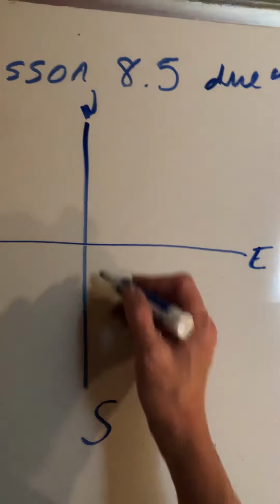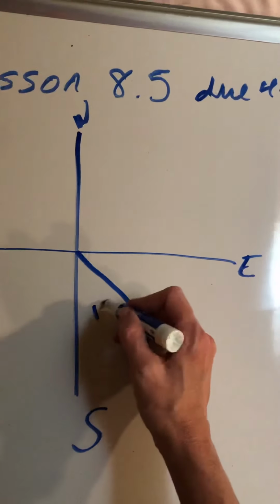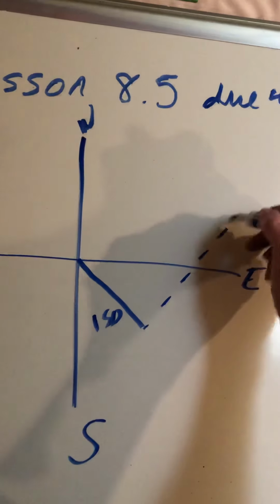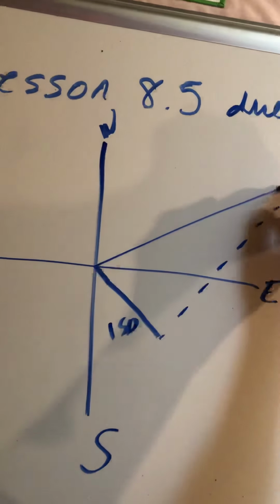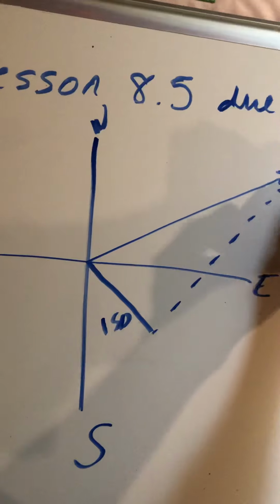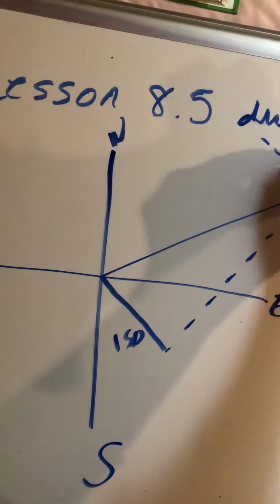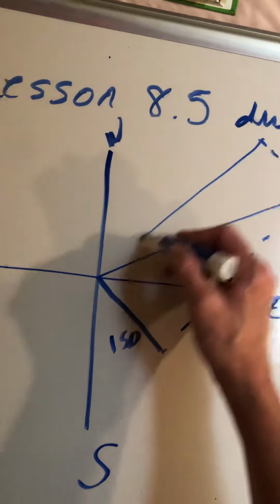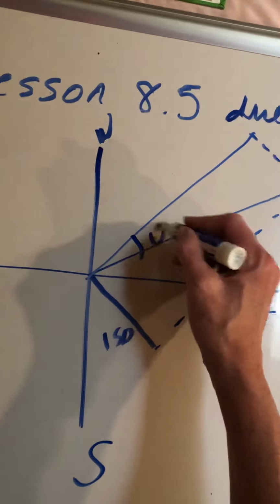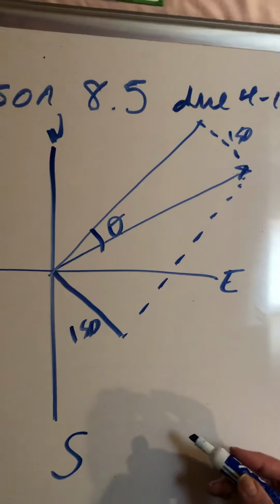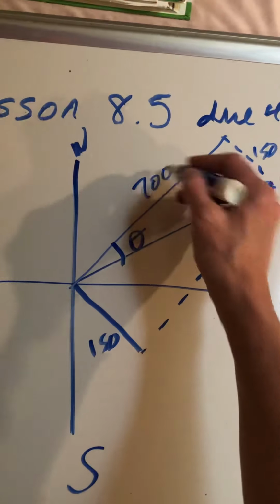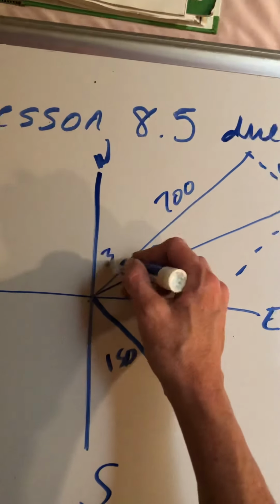Then there's a lot going on. Okay, so you've got this right here. This is 150, and then this is dotted up here. This comes out, okay, and this is 150 as well. This comes back. Here is a missing angle that we're going to find. This is 700. This is 31 degrees.